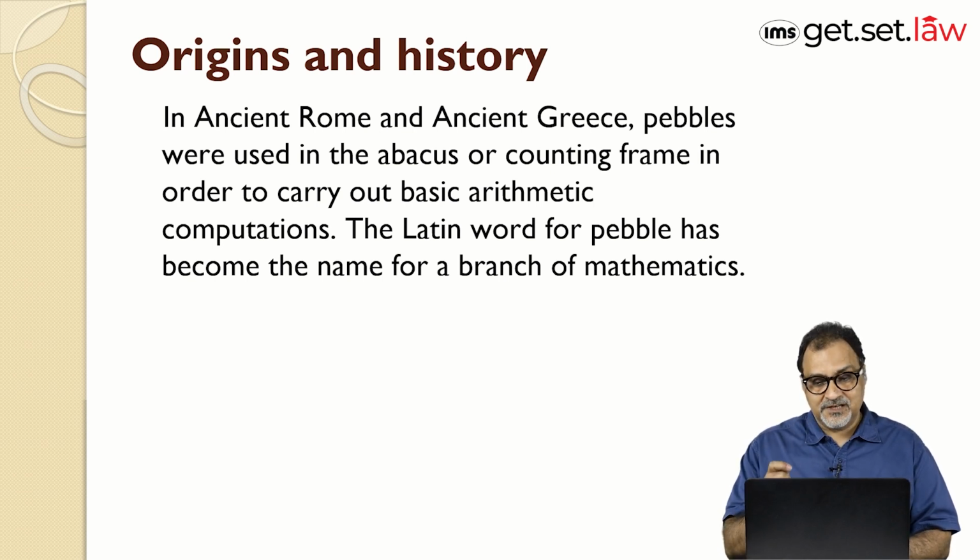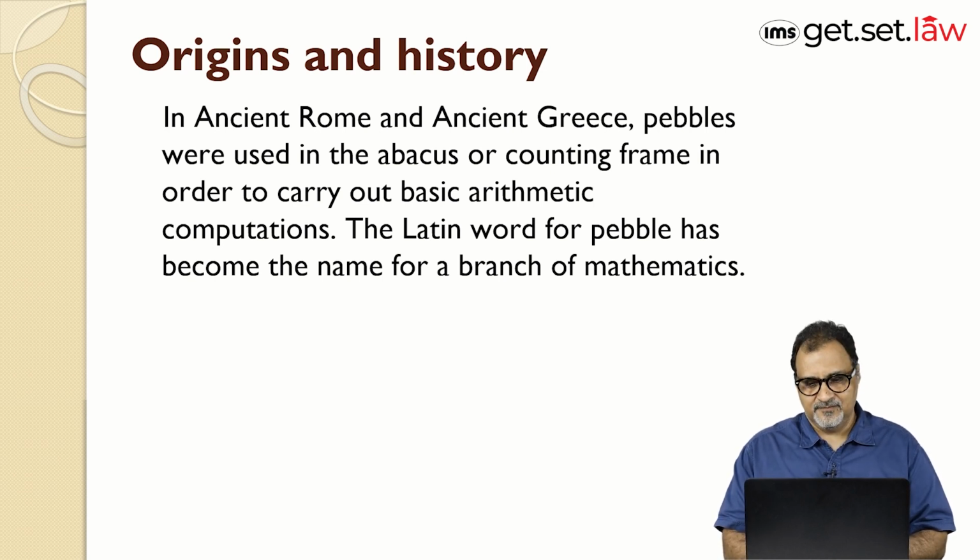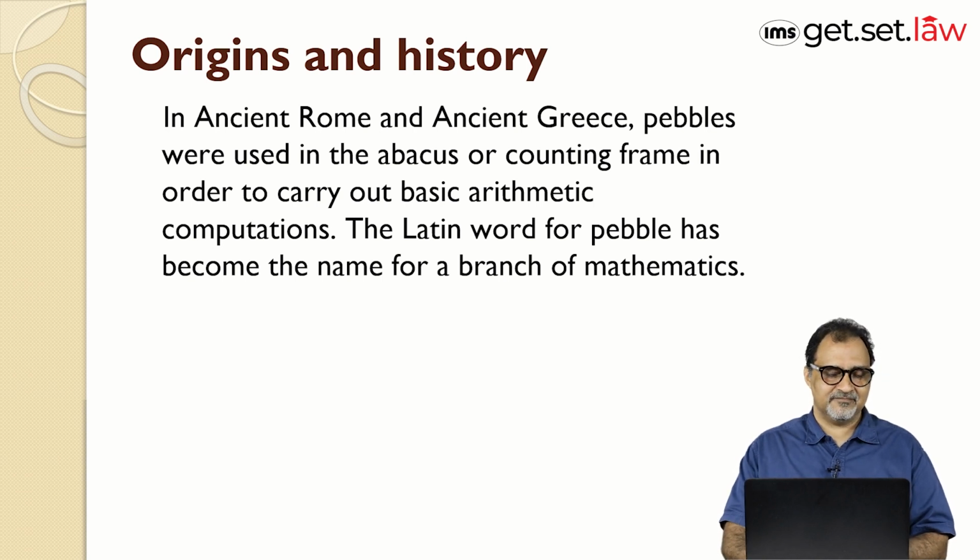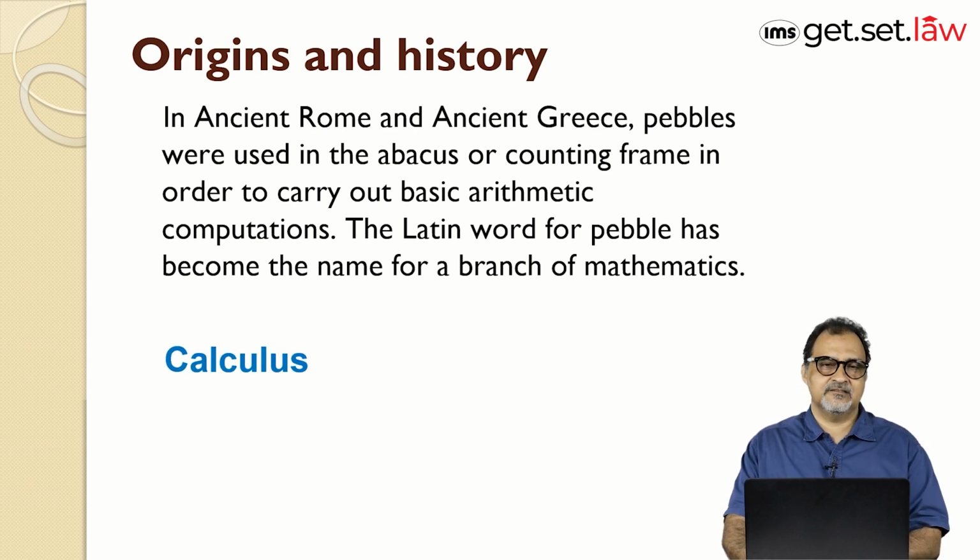The Latin word for pebble has now become the name for a branch of mathematics. What is that? The Latin word for stone or pebble is calcula, and the branch of maths is calculus.